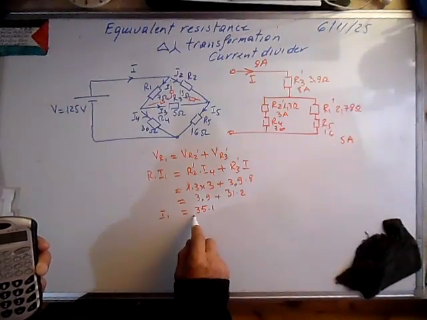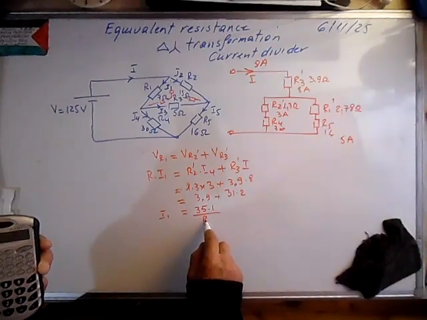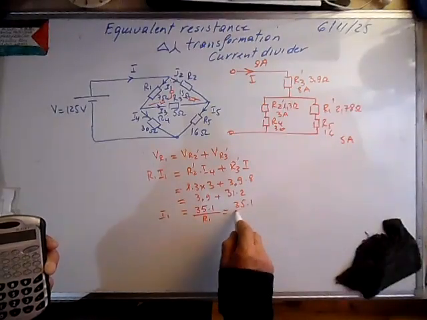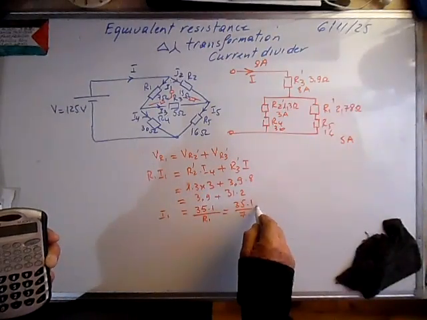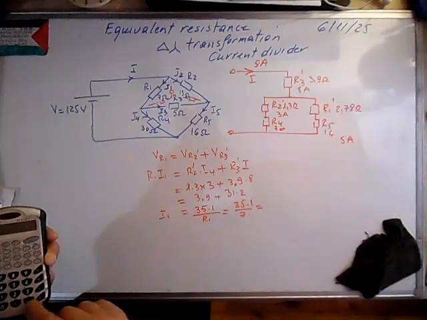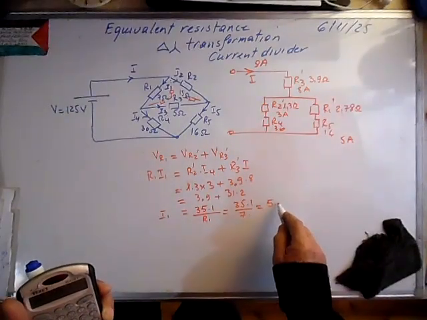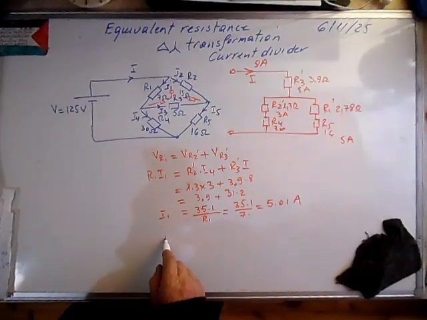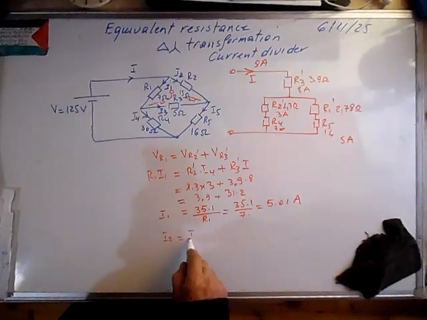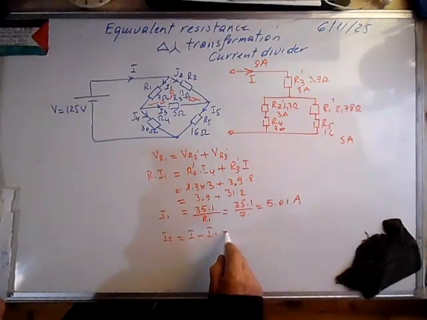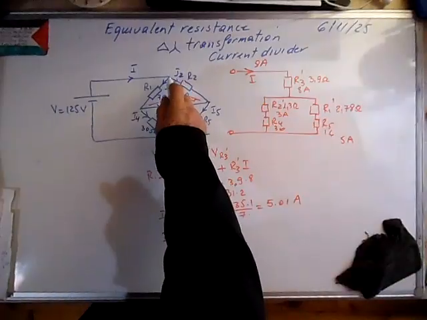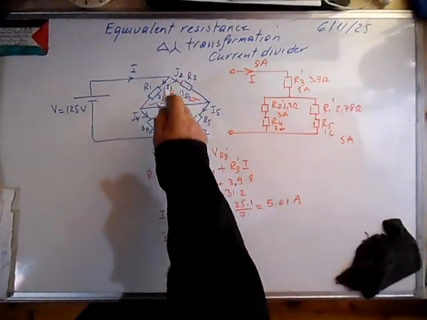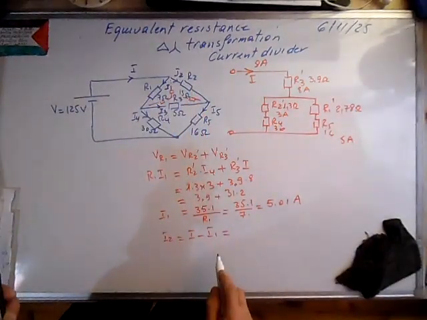Now we can calculate I1. I1 is equal to 35.1 divided by R1, which is 7. 35.1 divided by 7 is 5.01 amps. Having I1, I can calculate I2. I2 is I minus I1, because I is equal to the sum of the two.